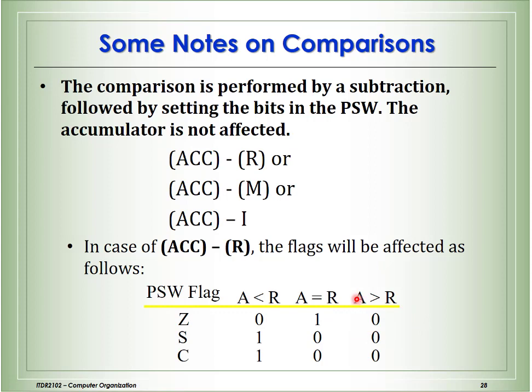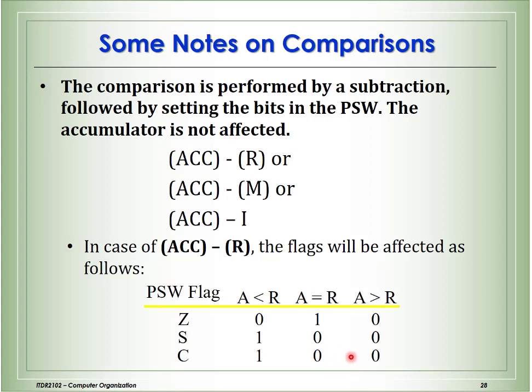When the accumulator is greater than R, the zero flag is reset again. For sign, if A is less than R, the sign will be set, and in both equal and greater than cases, the sign bit will be reset to 0. For carry, if the accumulator is less than R, the carry flag will be set, and in case of equal and greater than, the carry bit will be reset.